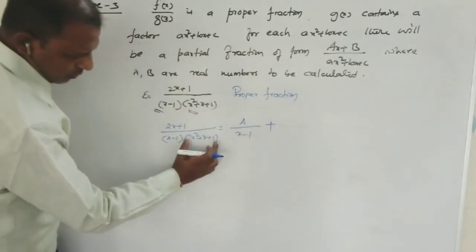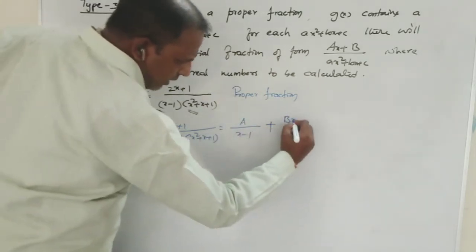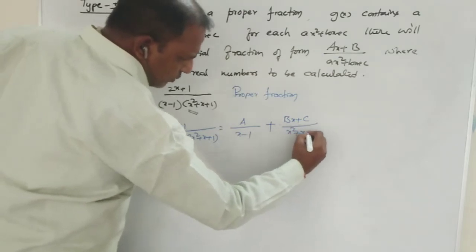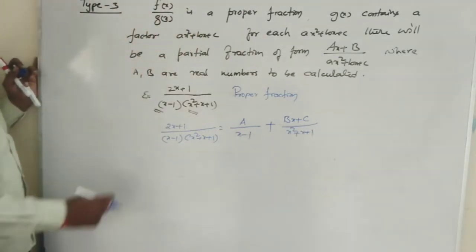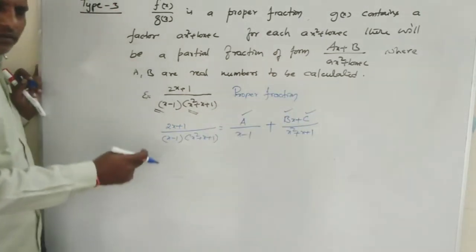So for x square plus x plus 1, I write it as bx plus c by x square plus x plus 1, since a is already used. Here we have to calculate a, b and c, isn't it?